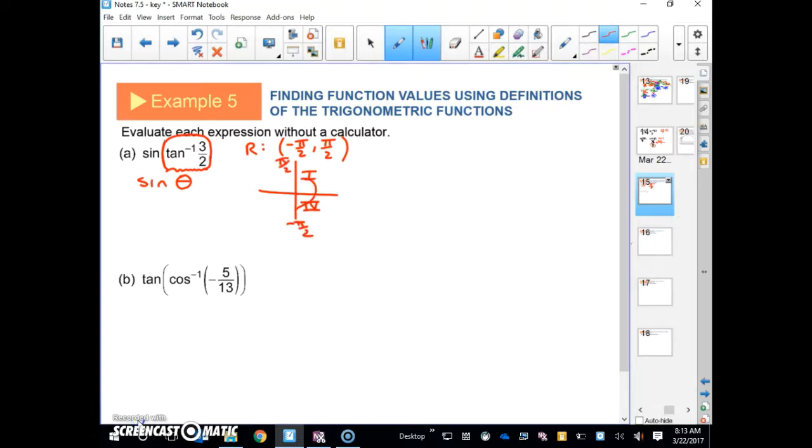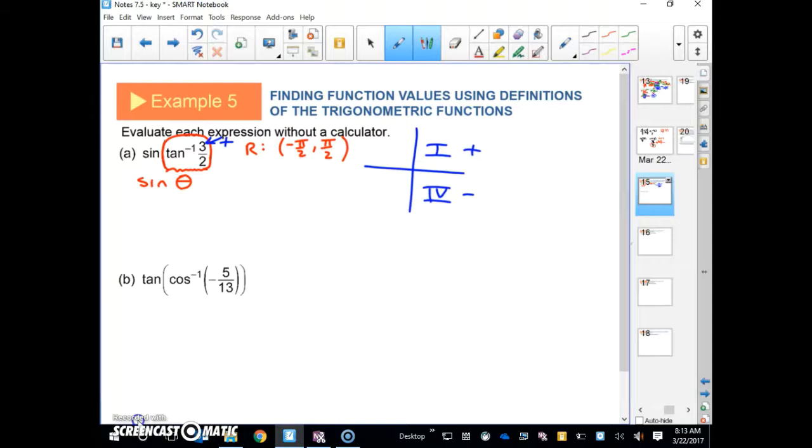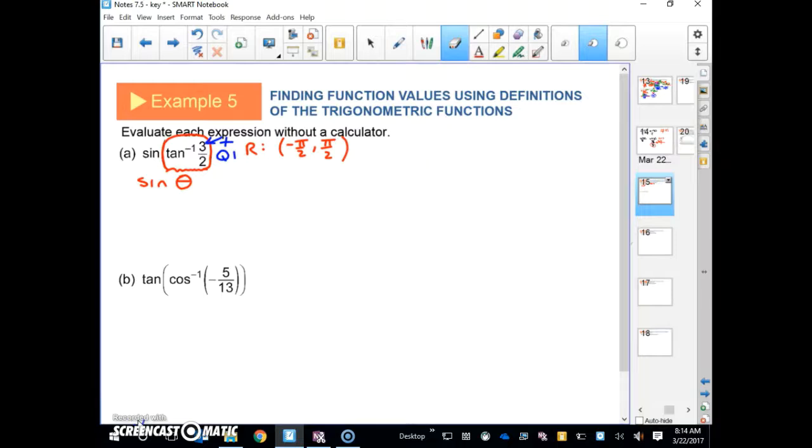So the fact that this is positive, 3/2, means that if you're in quadrant 1 or 4, the positives are upstairs and the negatives are downstairs here. And so the fact that that 3/2 is a positive number would indicate that I'm in quadrant 1. And so I'm going to draw this angle in quadrant 1. I think that's the hard part. Being able to determine that we have an angle in quadrant 1, I think that's the hardest part of this.